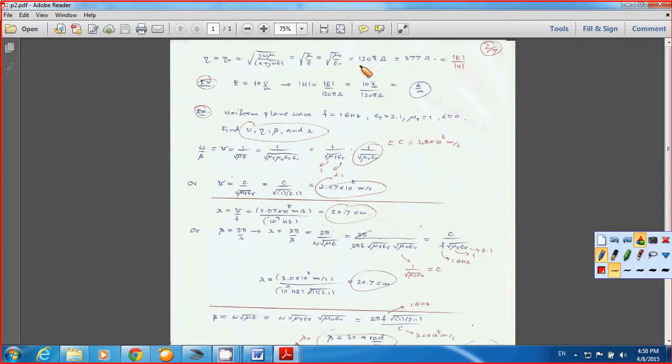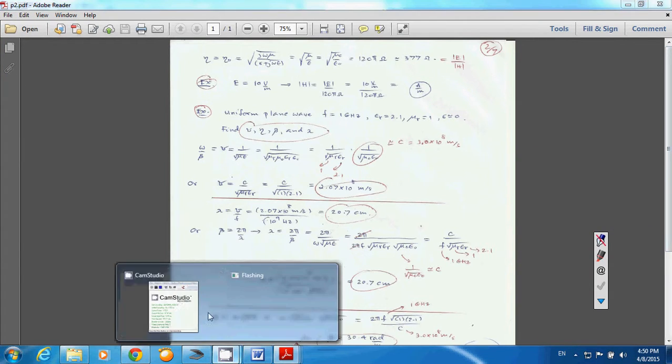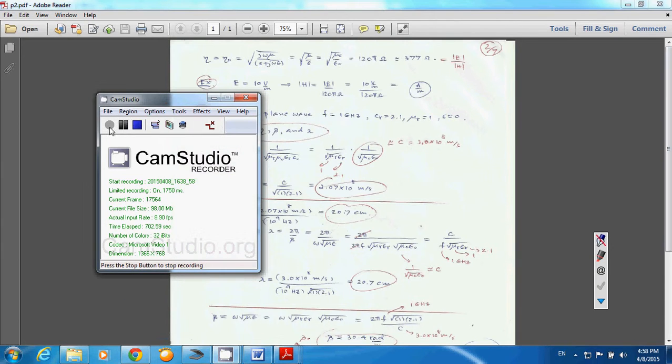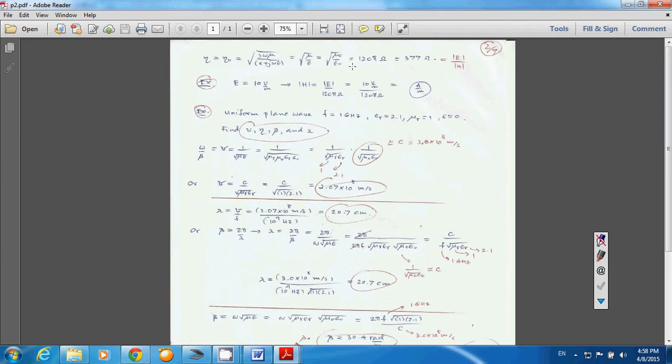You end up with 120 pi ohms, or about 377 ohms. That's what we call eta 0, or the intrinsic impedance of free space.